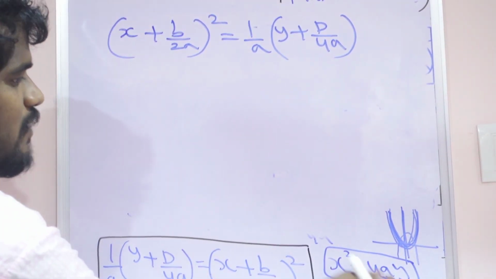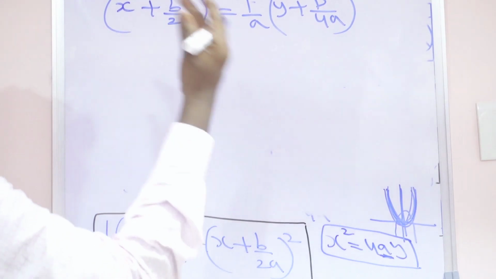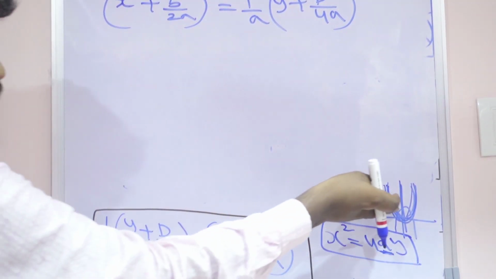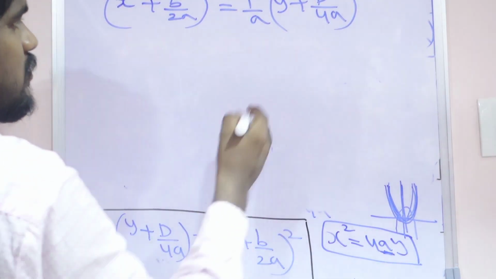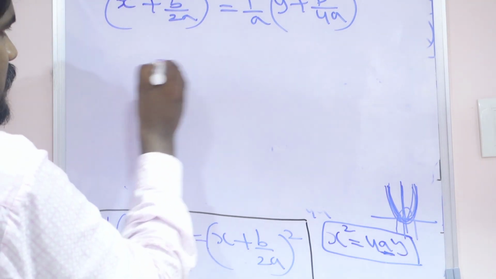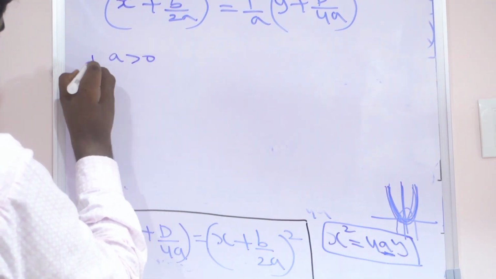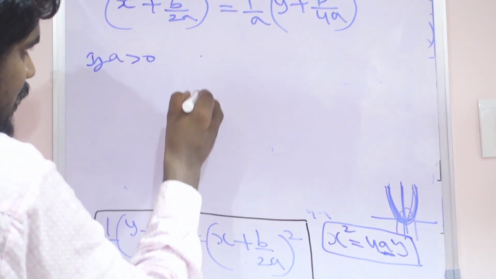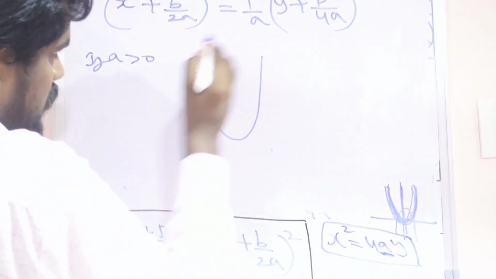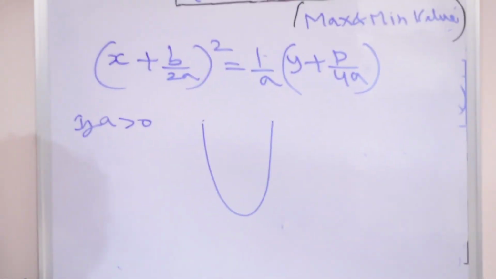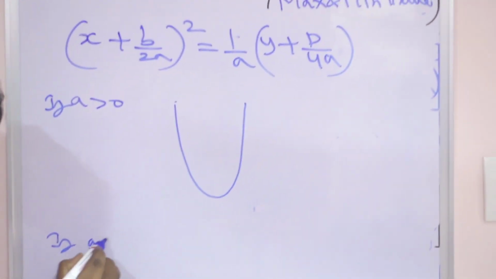It depends upon the a value. If a is positive, it is symmetric with respect to positive y axis, which means it opens upwards. So the diagram is like this. If a greater than 0, the diagram opens upwards, and a less than 0 means it opens downwards.